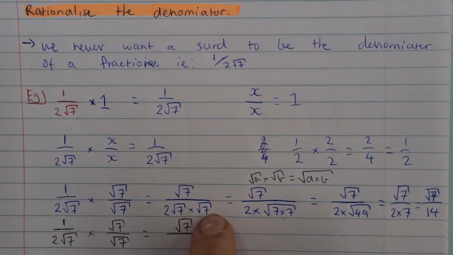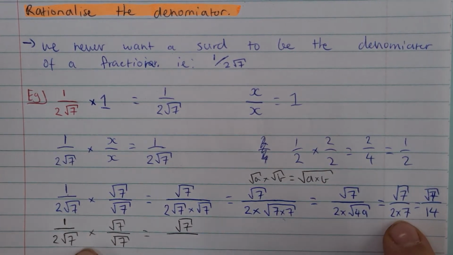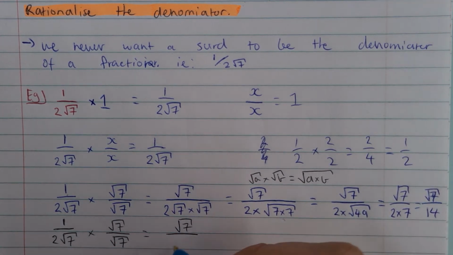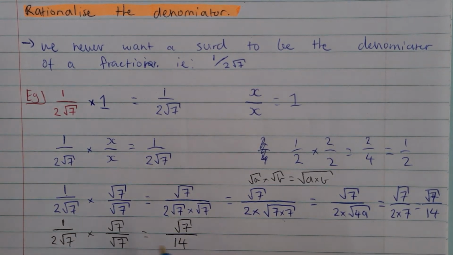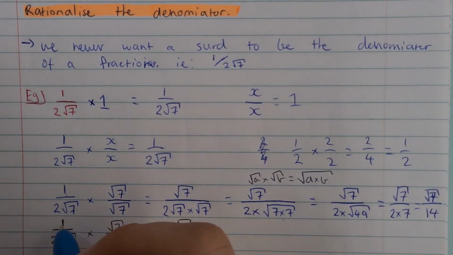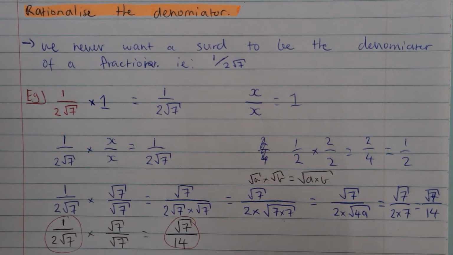So instead of going through all these steps, after you've done it a few times, you might instantly recognize you can go from this step straight to 2 times 7 there. So you would know that it's 2 times 7, which is 14. So 1 over 2 root 7 is the same as root 7 over 14. If you want to convince yourself that that's true, you could type both of these fractions into your calculator, and when you convert them to a decimal, they will turn out to be the exact same number.